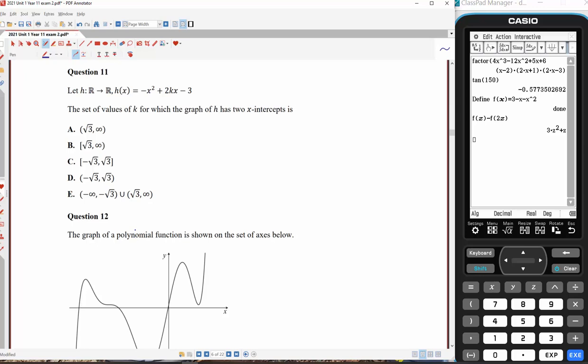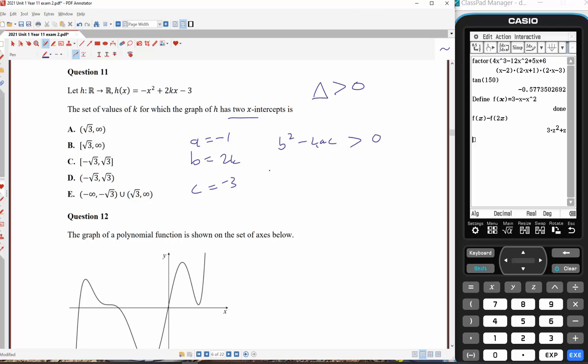Okay, the set of values of k for which the graph of h has two x-intercepts is. Okay, so these ones here, what we need to do is we know that 2 x-intercepts happens when the discriminant is larger than 0. So what we've got to do is get the discriminant of this thing here. So a is equal to -1, b is equal to 2k, and c is equal to -3. Alright, so now we'll go b squared take 4ac greater than 0.